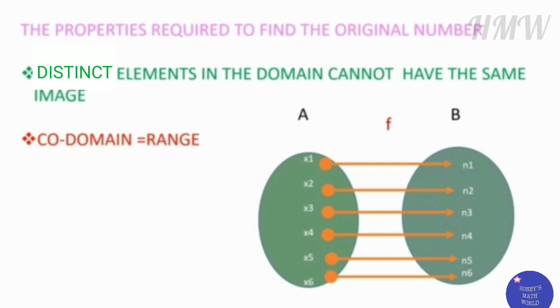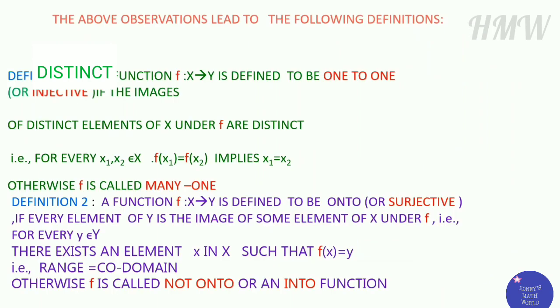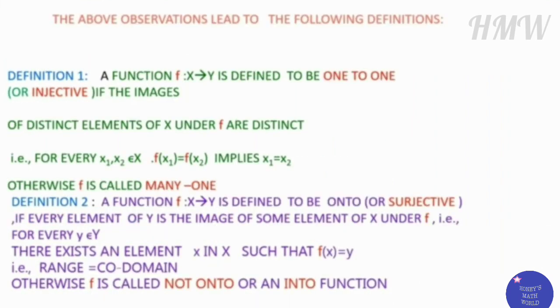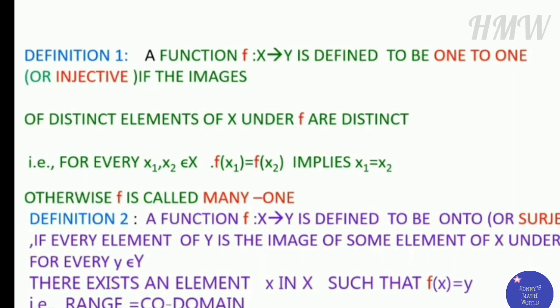These observations lead to three important definitions, that is injective, surjective and bijective functions. A function is said to be one-to-one or injective if distinct elements of x under f gives distinct images. Otherwise it is called many-to-one.